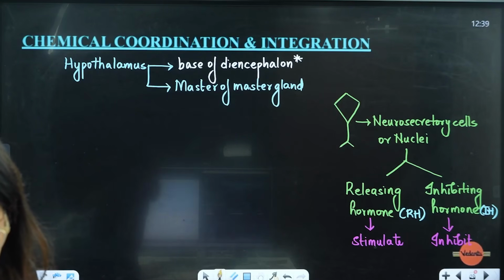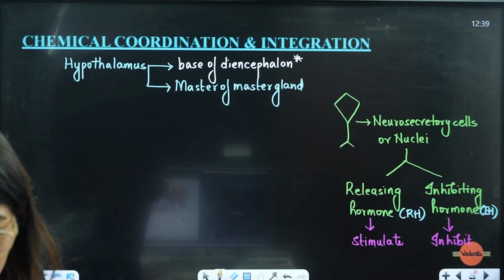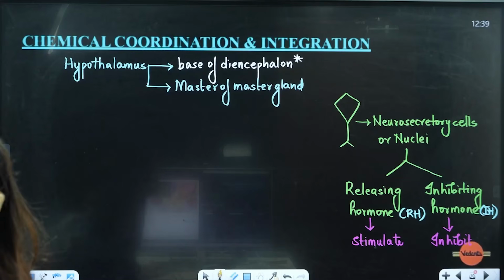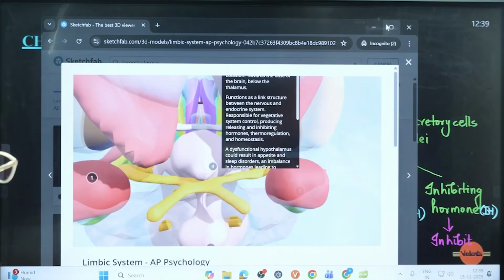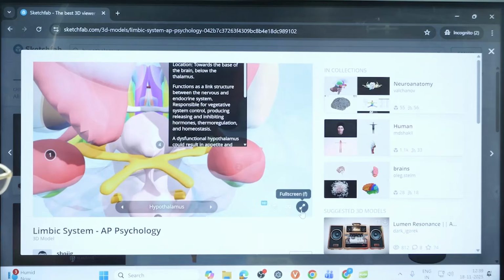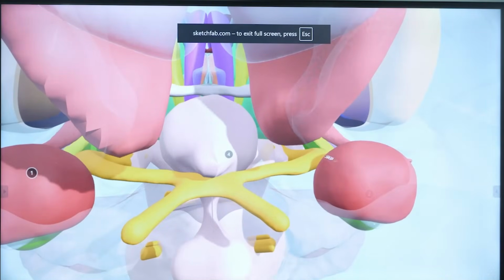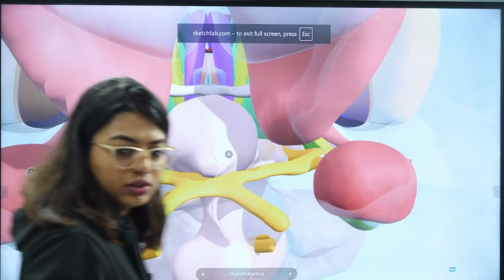Lymphatic system. See students, I'll show you, so look here. Can you see, no?